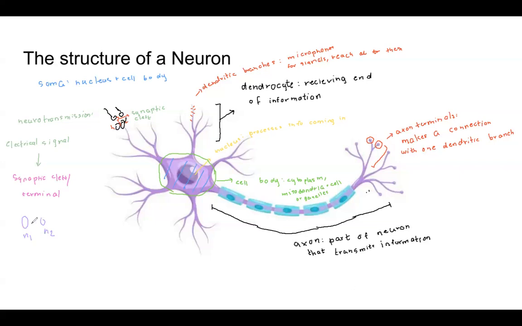This little gap here is the synaptic cleft. And what happens is once the electrical signal reaches the axon terminal, it releases these small pouches of things called neurotransmitters. So these are chemical structures or little chemical things that attach to receptors.